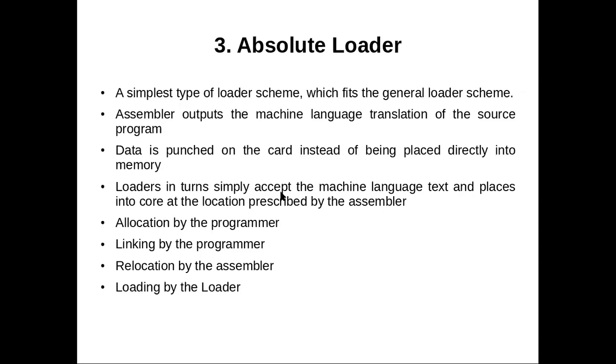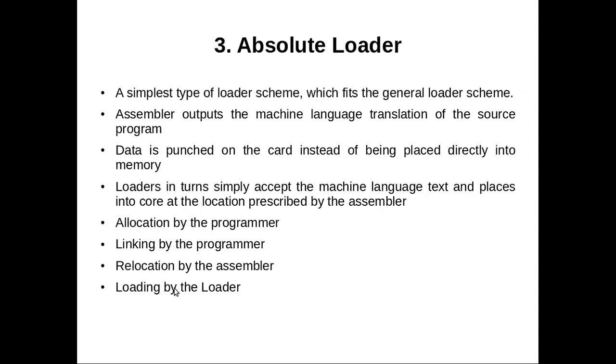To which address we have to store the object program is clearly mentioned by the programmer. So it is very clear that allocation and linking are performed by the programmer, because the address at which to store is specified by the programmer, and relocation is performed by the assembler. So the only function of the absolute loader here is loading.